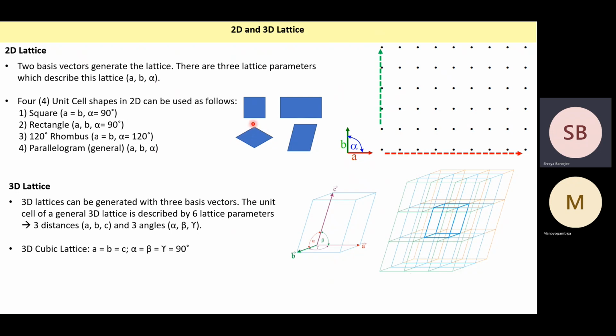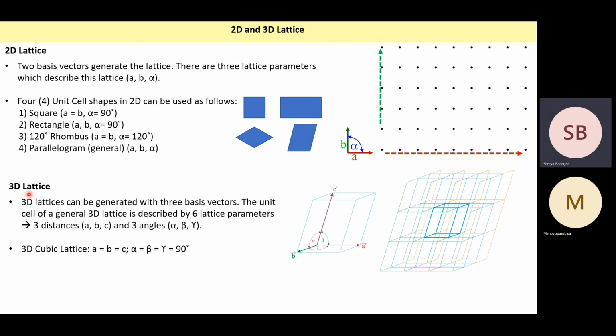If you look at A and B from this direction, this is A, this is B, and this angle is 120 degrees, that automatically makes this angle 60 degrees. And the fourth is a parallelogram, where A, B, and alpha are all independent of each other. That is the most general type, called a parallelogram.